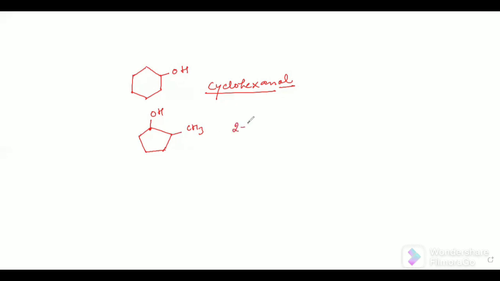So the IUPAC name will be 2-methylcyclopentanol. No need to write 1 here because we are always taking it as first. So in this way, we can do the IUPAC and common naming of alcohols. Next video, we'll discuss the IUPAC names of phenols, and we'll discuss ethers also.